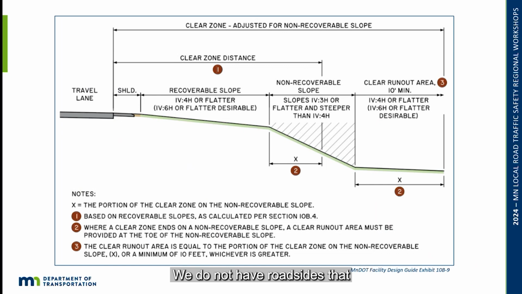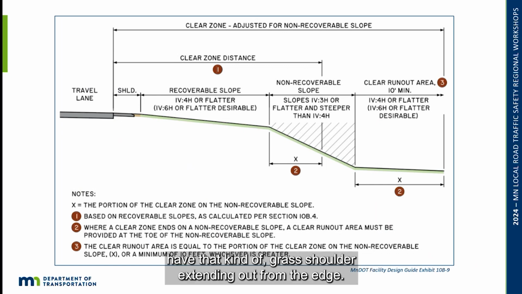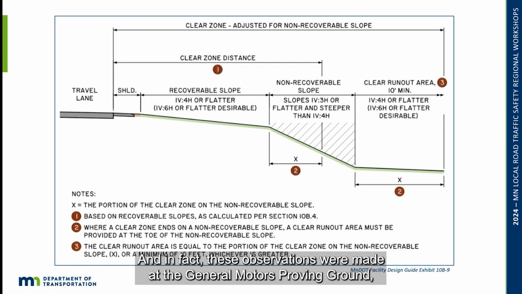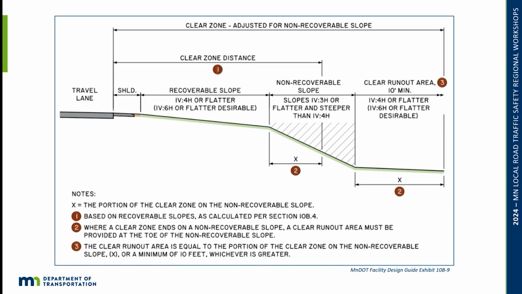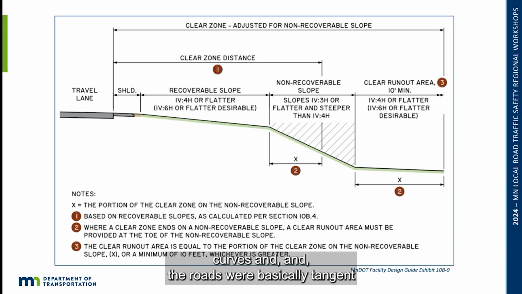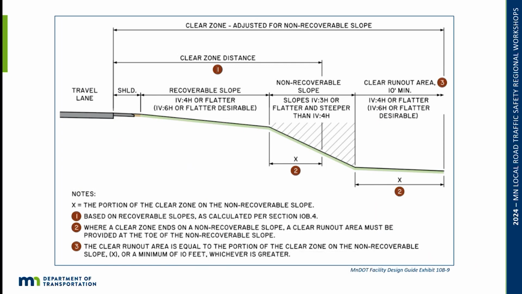We do not have roadsides that have that kind of grass shoulder extending out from the edge. In fact, these observations were made at the General Motors Proving Ground, where there were no curves and the roads were basically tangent, and this infield area off the road allowed these vehicles to recover.